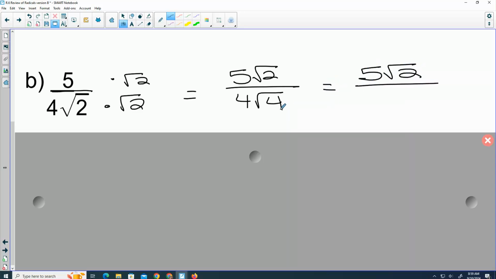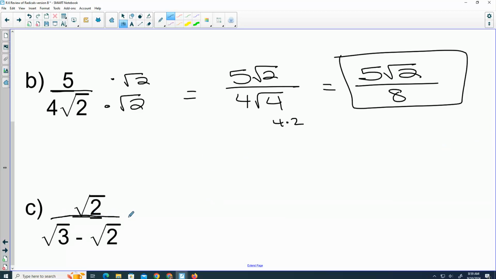But the square root of 4 is 2, so all that means on the bottom is 4 times 2, which is 8. So this one turned into 5 radical 2 over 8. Do you remember doing this before? Maybe a couple of you did.